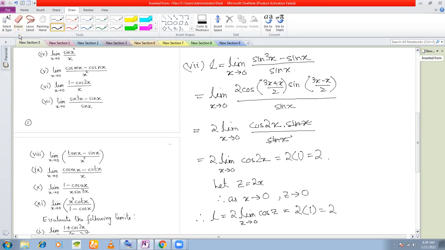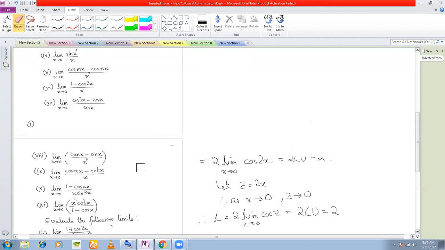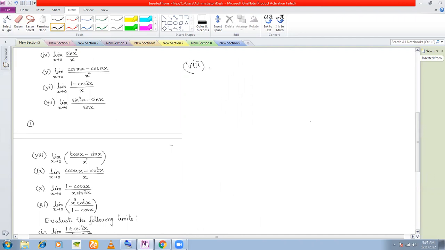Okay, next question then. Number 8 is the next question. Given limit here is x tends to 0 tan x minus sin x divided by x cube.